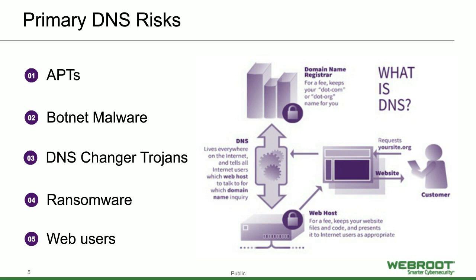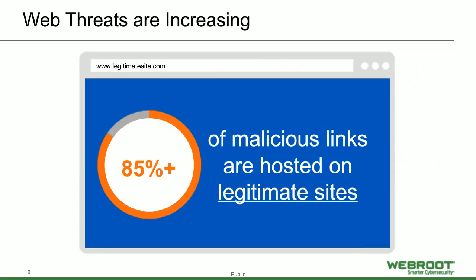So let's talk about some of the kinds of exploits that we're seeing. This is kind of a scary slide in some form or fashion: we're actually finding that 85% of legitimate websites, at some time in their existence, have had malicious links associated, whether direct or indirect. There are things like adware or malicious adware that can be presented as legitimate ads that can go out onto news sites or your favorite site that you go to for information, or your social media site.